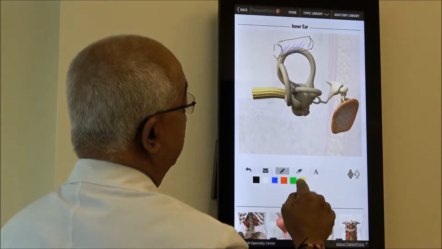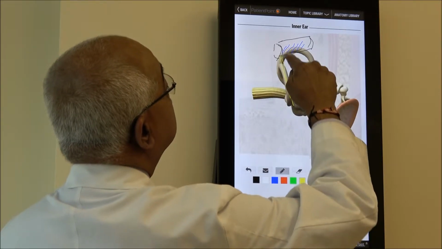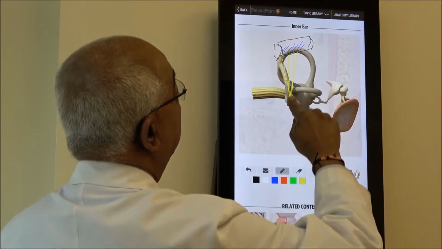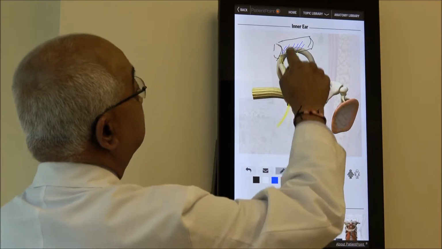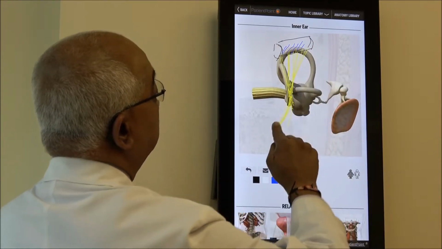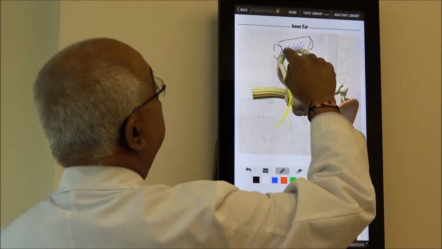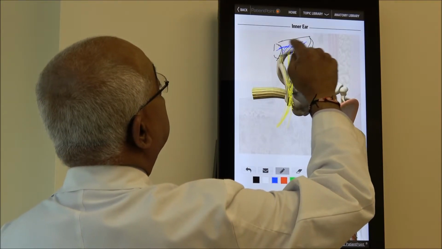And these hairs are all connected to a nerve fiber. And this nerve fiber goes to the brain. And inside this tube is fluid. It's kind of half filled with fluid.